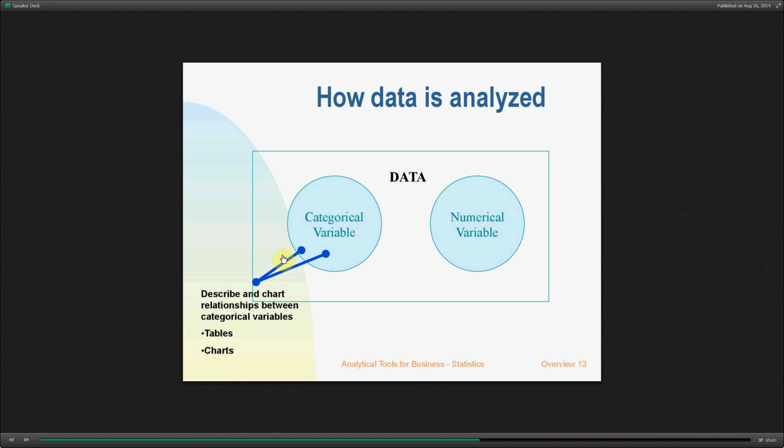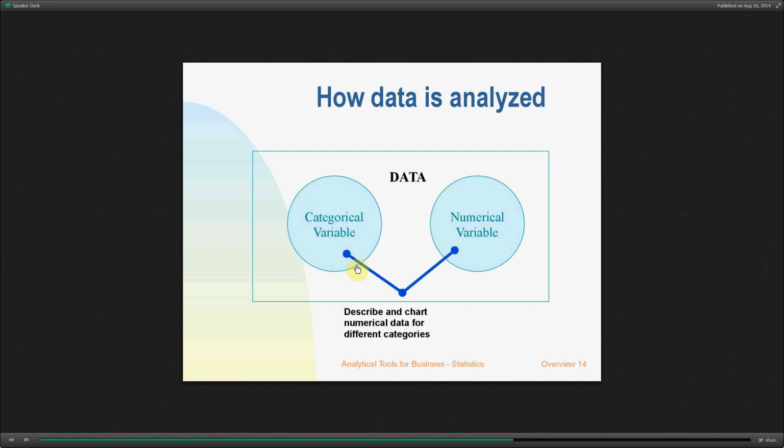We might look at relationships between categorical variables by looking at two-way tables and two-way charts. We could have data that has numerical and categorical variables in it, and this is very common, where we might have a numerical variable that's organized or stacked according to categoricals.